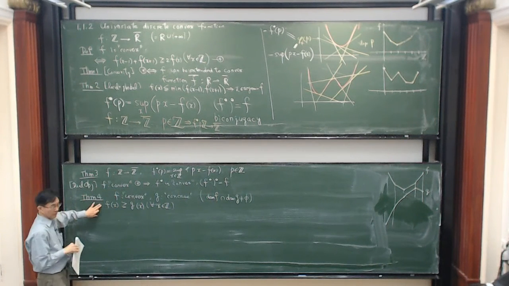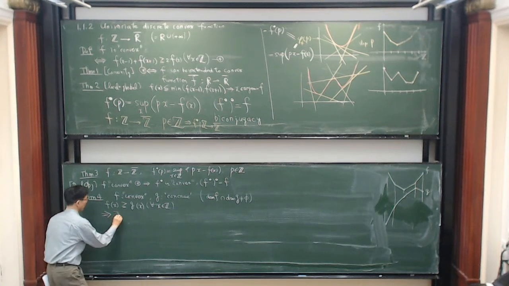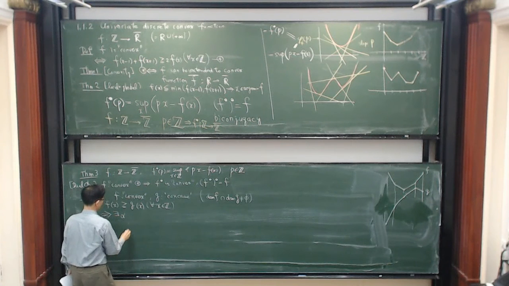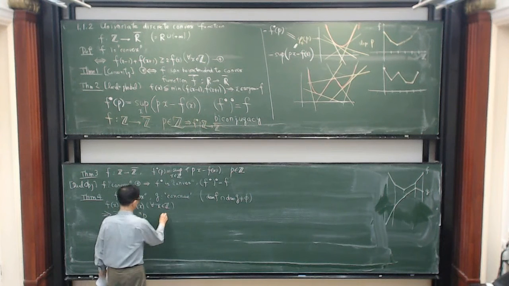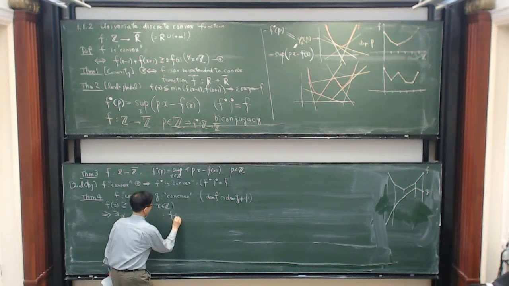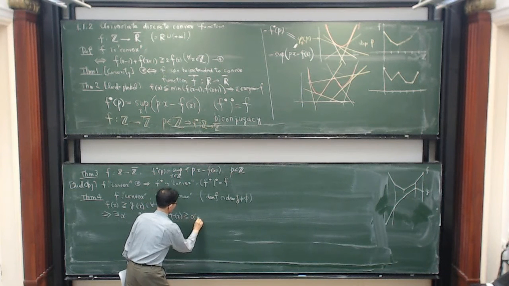Then if this is the case, you can find an affine function in between. There exists alpha and say p such that f(x) is above the affine function and g(x) below it. So this is a sandwich theorem.